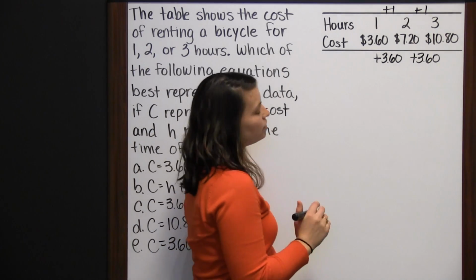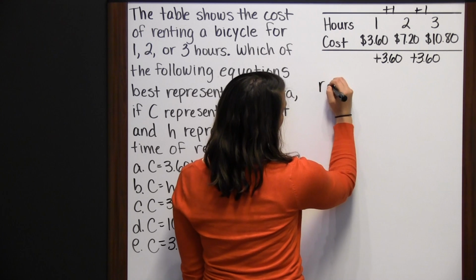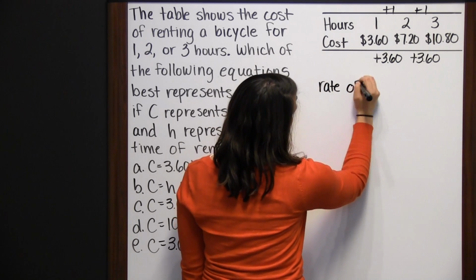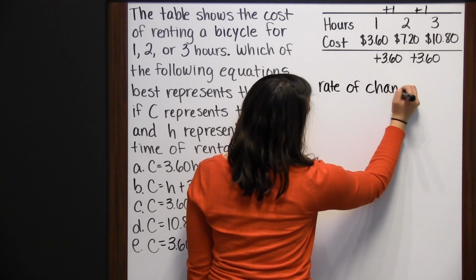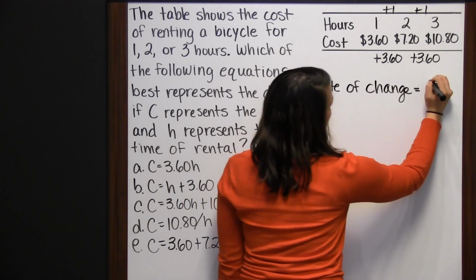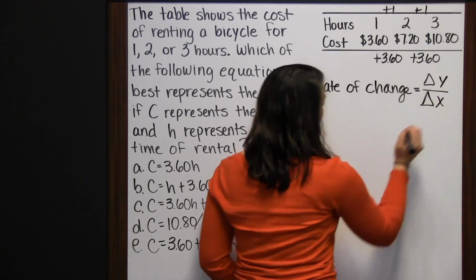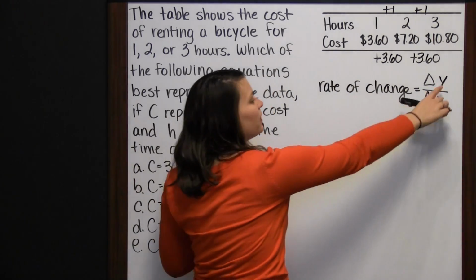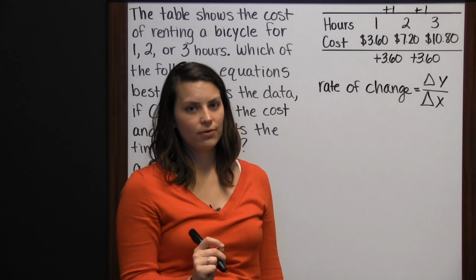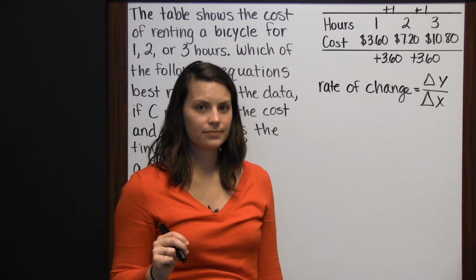So to write my function rule, I simply need to find my rate of change, which is the change in Y divided by the change in X. And the Y is the dependent variable, whereas X is the independent variable.